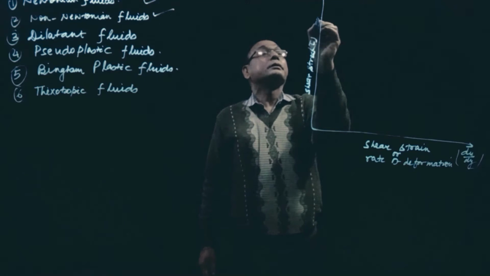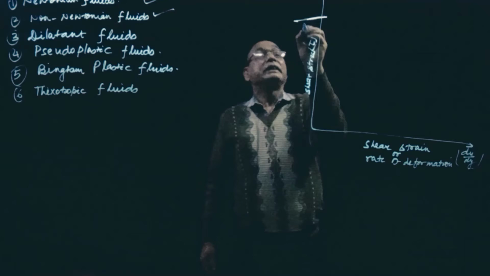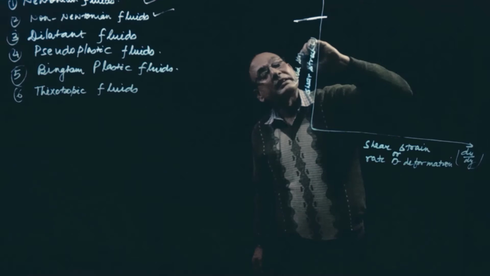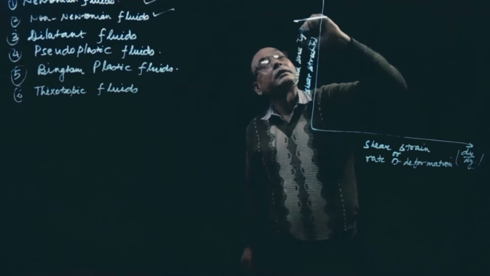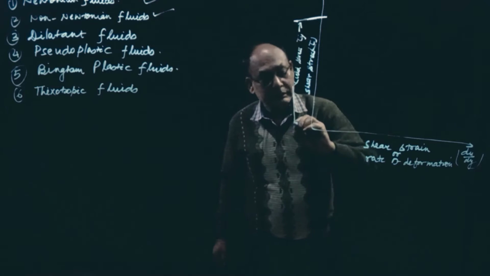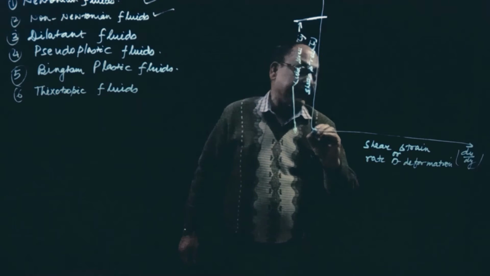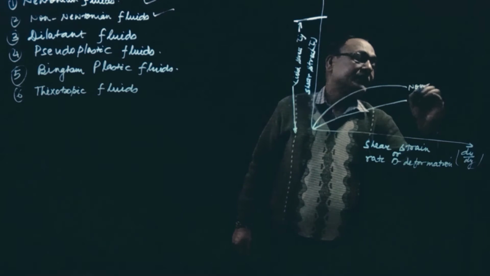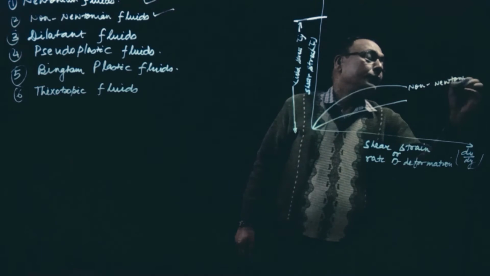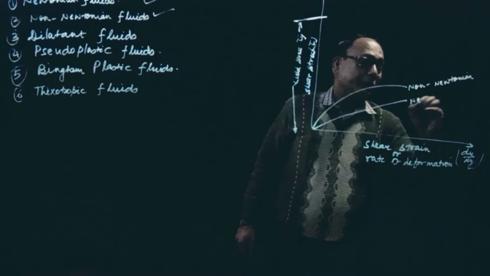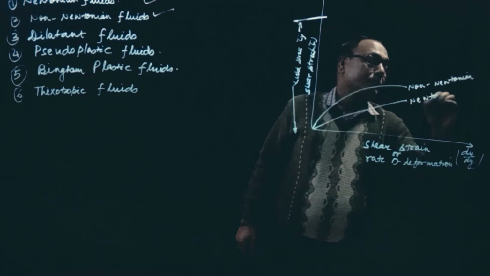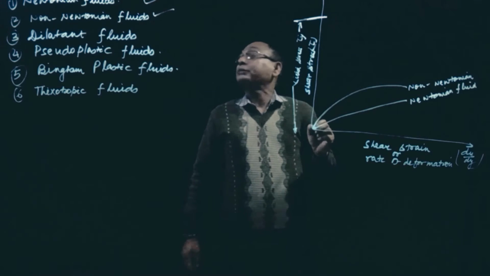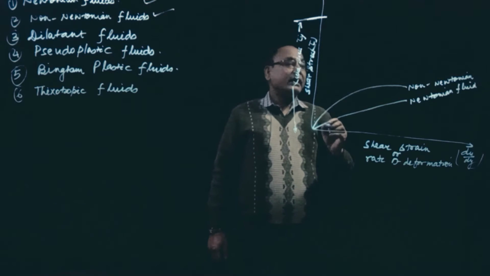Up to this point, this is the yield point, yield stress, that is tau y. Here, this is Newtonian fluids and non-Newtonian fluids. We have already discussed non-Newtonian fluids, and this is Newtonian fluids. Now, the rest of the four types of fluids I am going to discuss here.